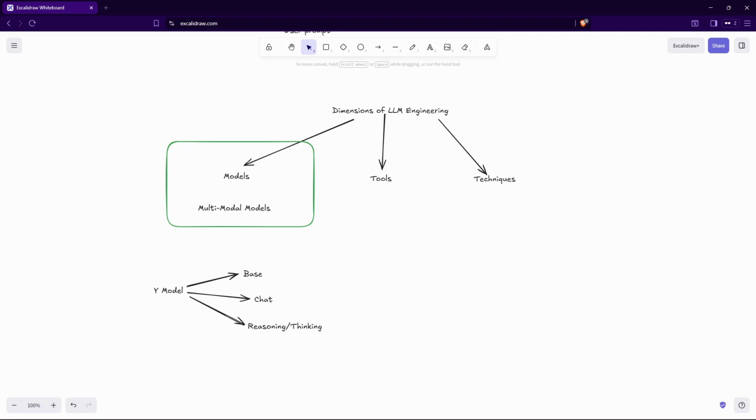So the base model is, as the name might suggest, like the scratch. If you ever work with Docker, you have the scratch image. So this is the equivalent of that for models, at least from my perspective. It does some basic stuff. It takes a sequence of information as an input, and it tries to predict the most likely sequence to come next.